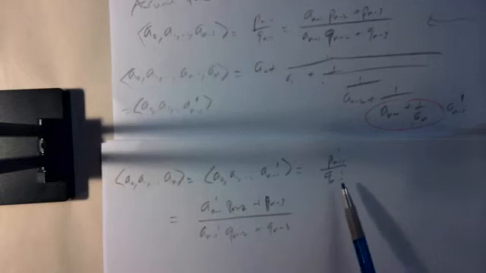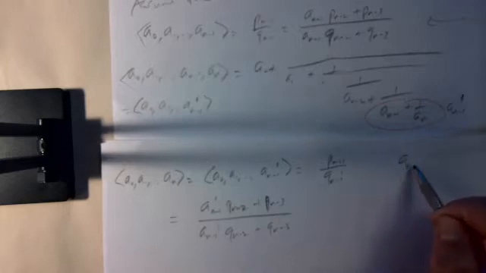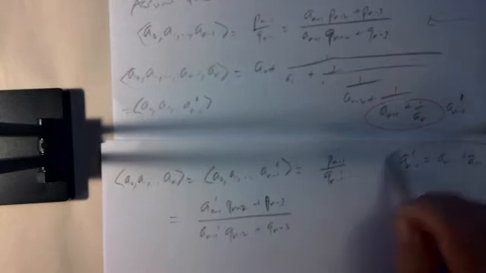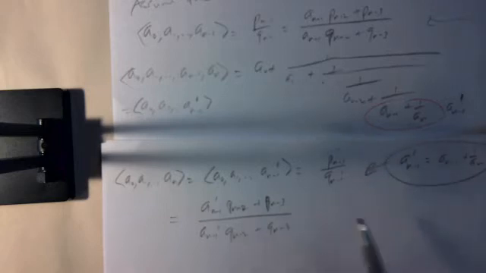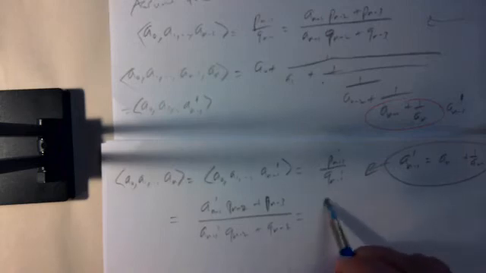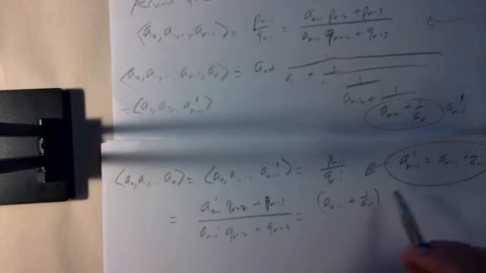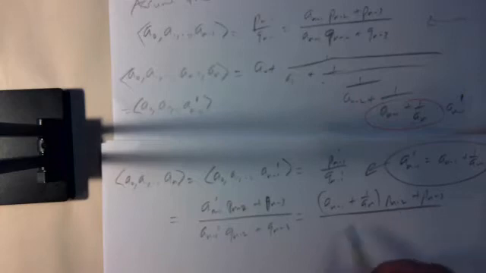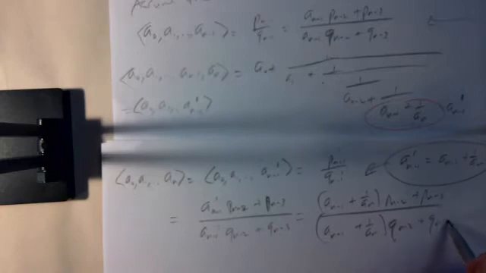That comes from the statement that what we're trying to prove is true for n minus 1. But we use the fact that a sub n minus 1 prime is a n minus 1 plus 1 over a n. Let's substitute that into this. This is a n minus 1 plus 1 over a n times p sub n minus 2 plus p n minus 3, over a n minus 1 plus 1 over a n times q sub n minus 2 plus q sub n minus 3.